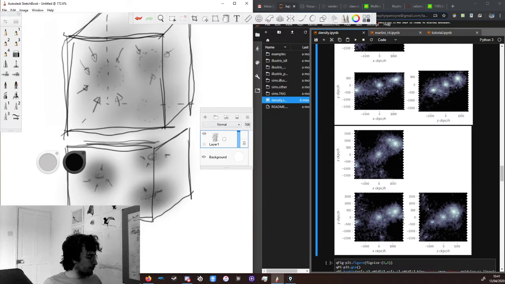So they're still collecting up material, but also they're starting to collapse towards each other because they're all gravitationally forcing each other.